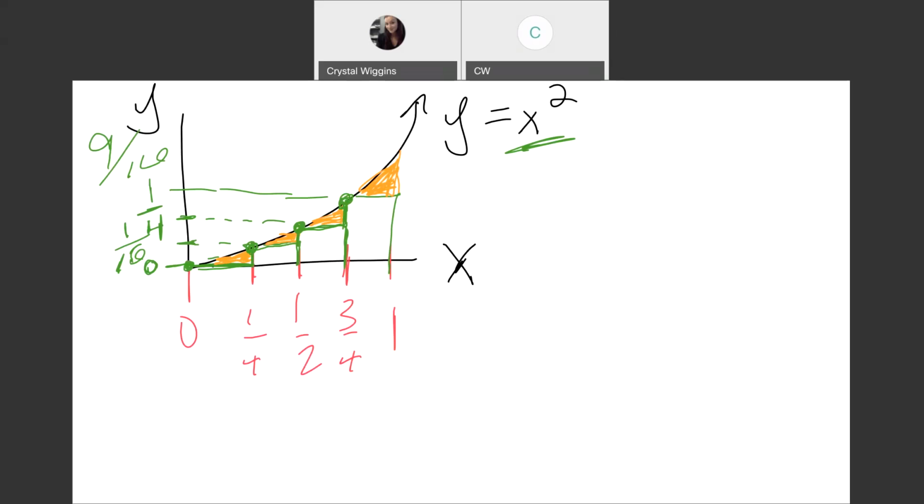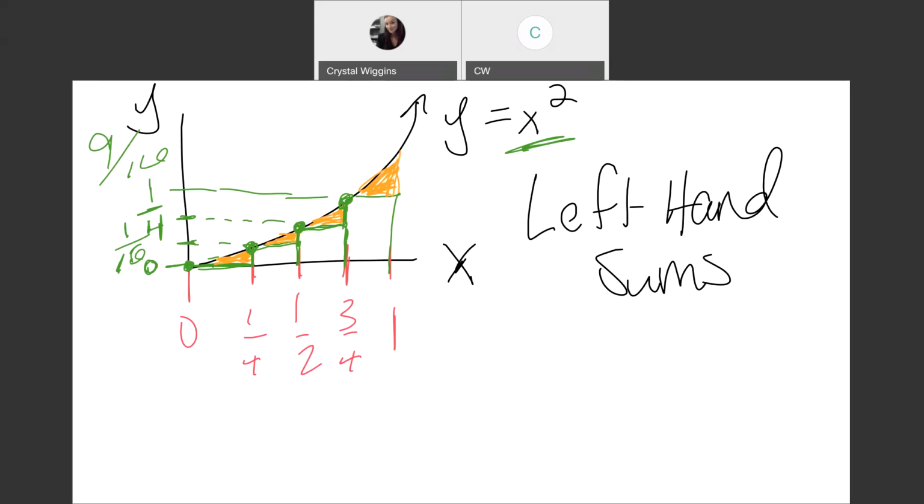Okay, so these are called left-hand sums because we're starting at the left side, abbreviated LHS. So we take the width, which remember the width of all of these rectangles is 1/4. All of them have a width of 1/4.